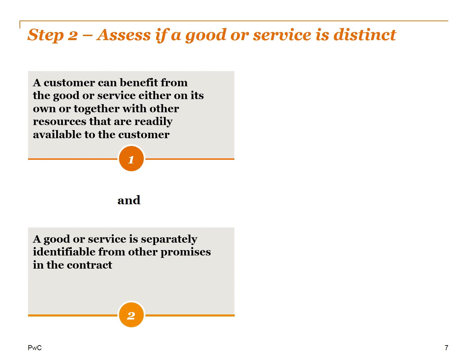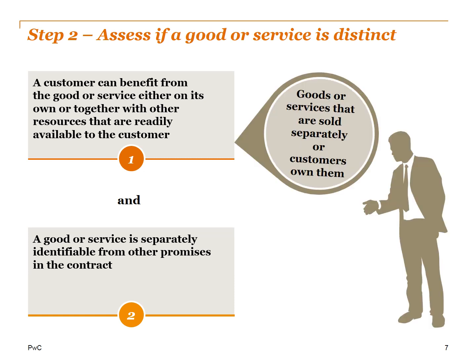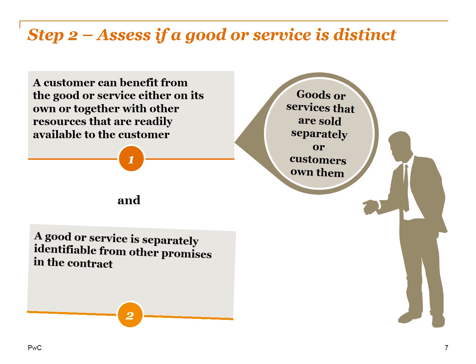In other words, the promise to transfer the good or service is distinct within the context of the contract. The standard helps to explain that readily available resources are goods or services that are sold separately by the company or in the market, or the customer's resources that are owned already.